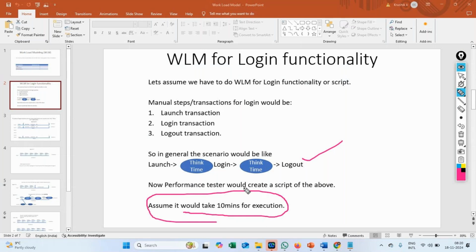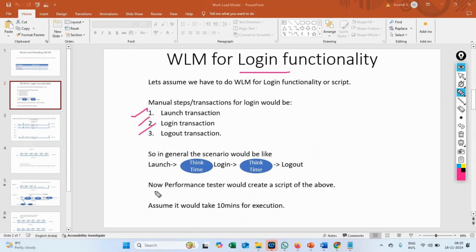When I say 10 minutes for execution, this whole thing, launch, think time, login, think time, logout, this entire sequence of steps will take 10 minutes, just for our assumption, only for today. So workload modeling for login functionality: login functionality has 3 transactions as per the flow, and this is how the scenario would look in real time. Assume that the script is ready, created by the performance tester for this flow, and it would take 10 minutes for execution. Keep that in mind.